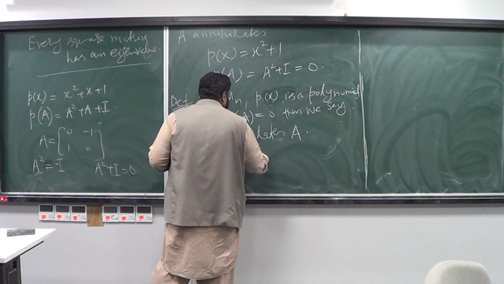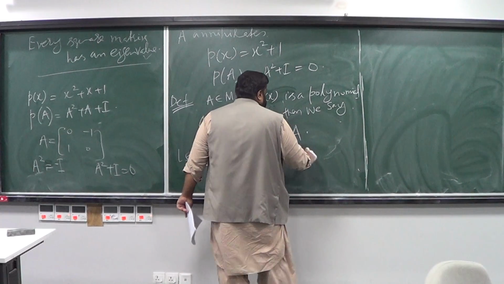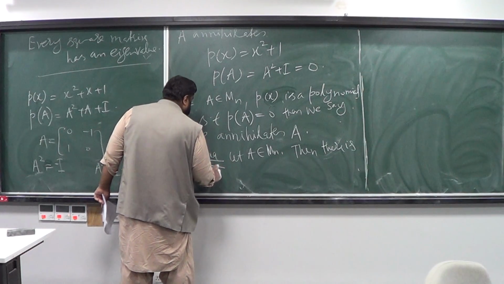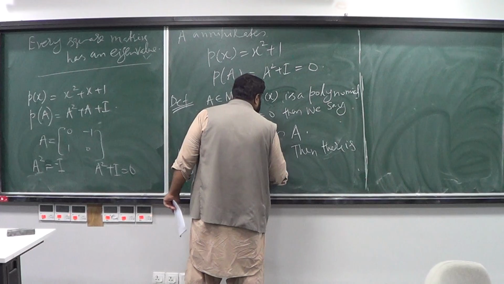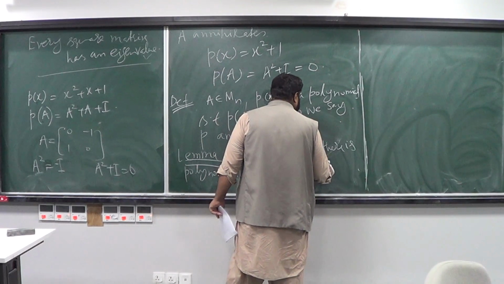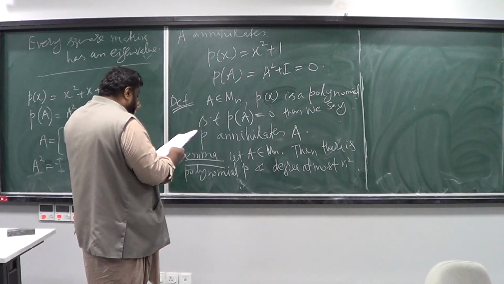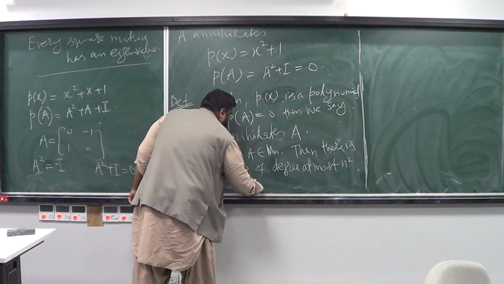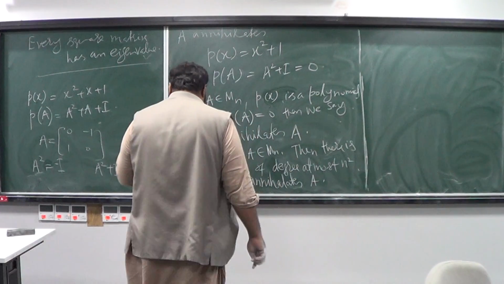It says that if you have a square matrix A, then there is a polynomial P of degree at most n square, where n is the dimension of the matrix A, that annihilates the matrix A.